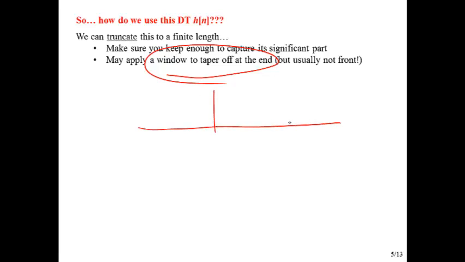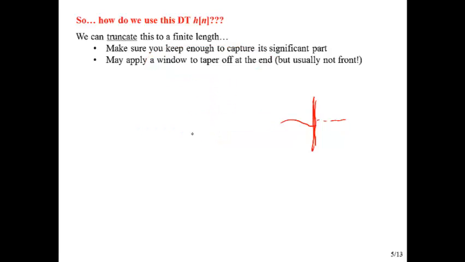So, like an RC circuit might have an impulse response that looks like this, and it decays exponentially. So we might truncate here and then taper this down with a window, but we would never want to taper that down at the front. Although I am about to tell you a little trick that we'll want to use.